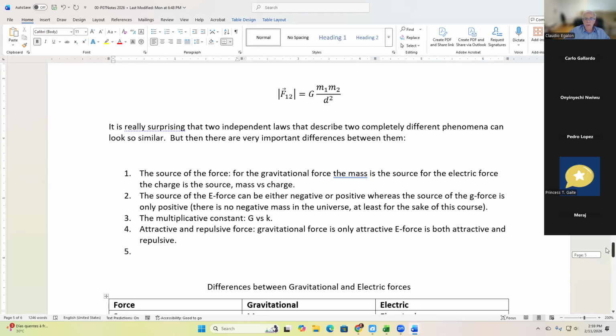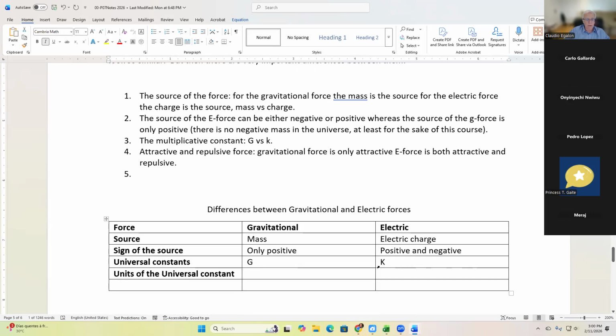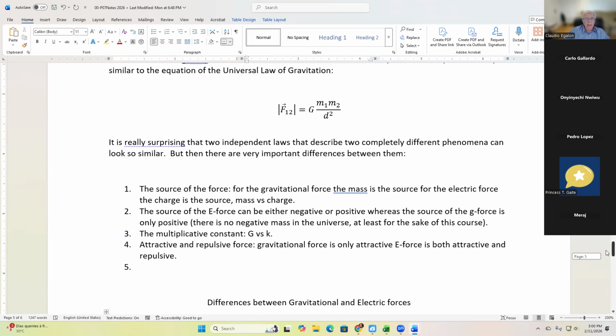We can come up with the analysis of this equation to find out what's the unit of the gravitational constant. Okay, the unit of the gravitational constant is completely different from the unit of the electric constant. And they are valued too.